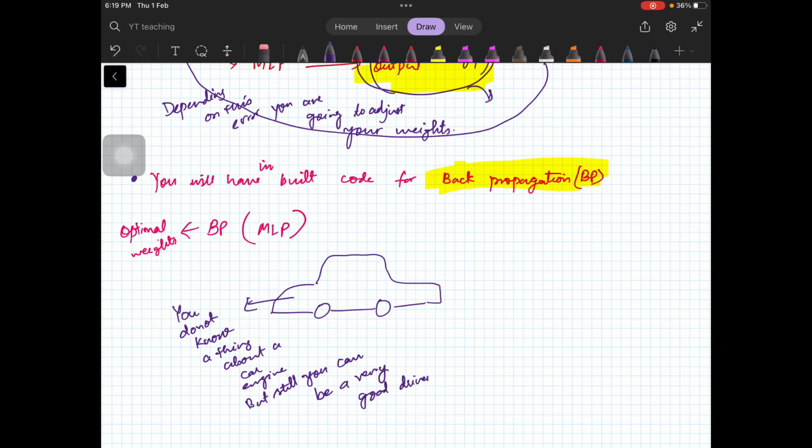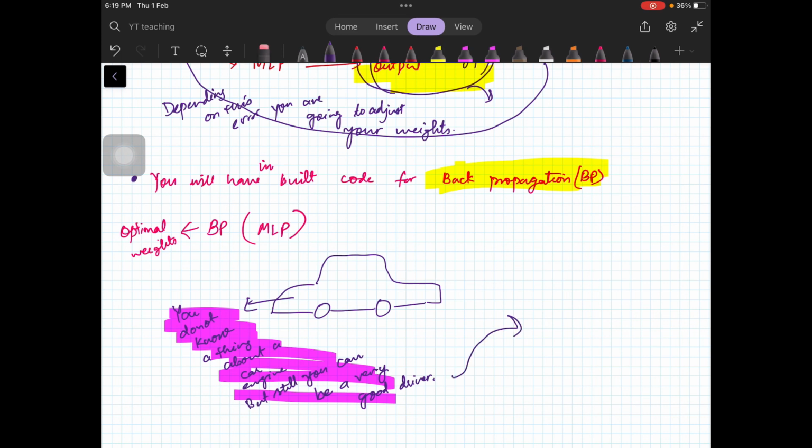But can you think of a problem in this process? The only problem is, suppose you are going somewhere at night and your car breaks down and you don't have any mechanic around.